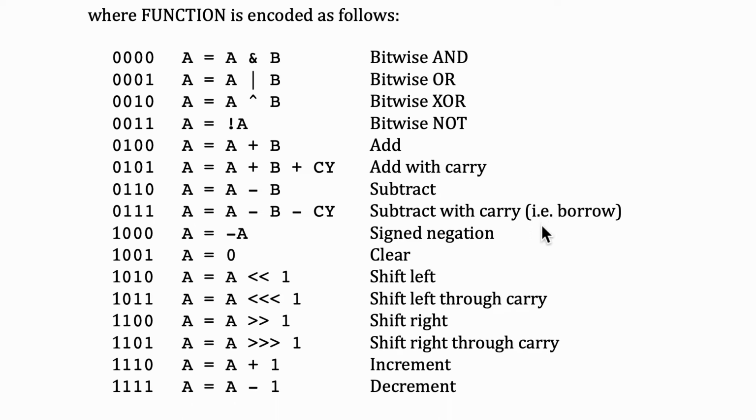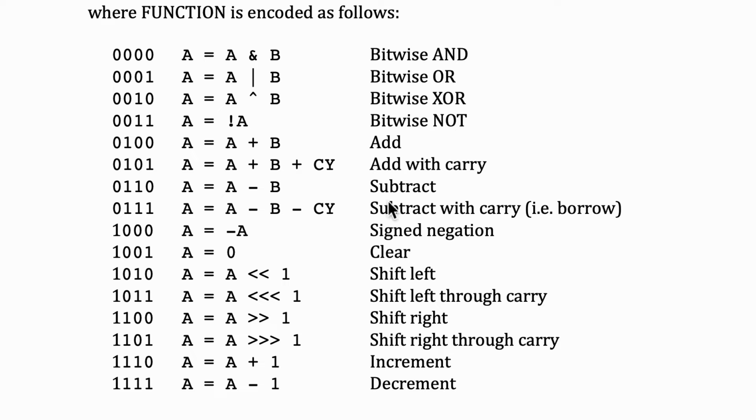We've got logical operations, we've got arithmetic operations, and some shift operations. In the left-hand column, we're showing the function code field, but in the middle column, we're showing the assembly code. This is exactly how you would specify the instruction in an assembly program. So you'd specify these tokens exactly as they're shown here.